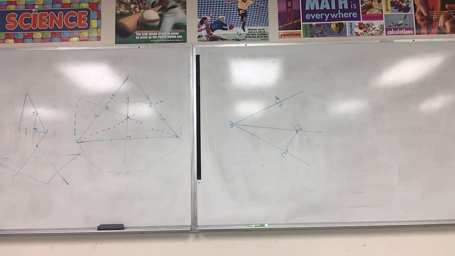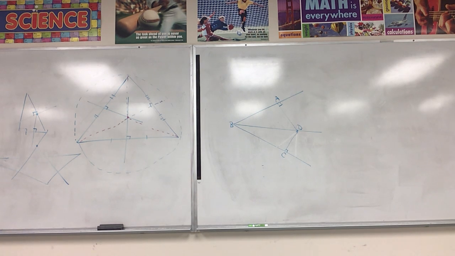So I need to know those three concepts. I need to know perpendicular bisectors of the sides of a triangle will be concurrent. Where? What's the name of the point? Point of concurrency. But what's the name of the point? Circumcenter. All right? Where will the circumcenter in an acute triangle be?